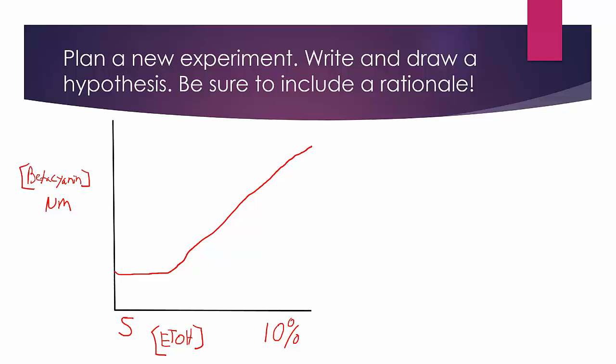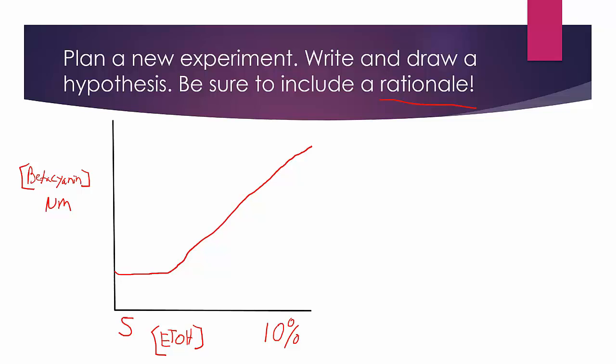And now we say include a rationale. A rationale is why you make that prediction, using your knowledge of science, not making stuff up, but your knowledge of science to present a reason for your hypothesis.